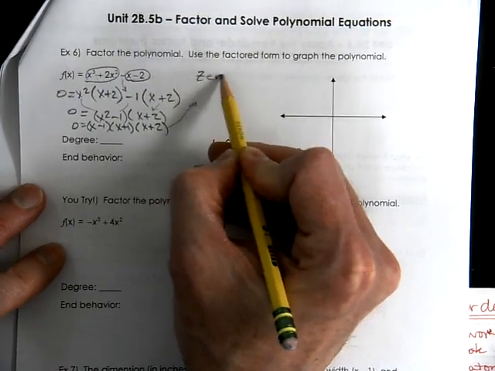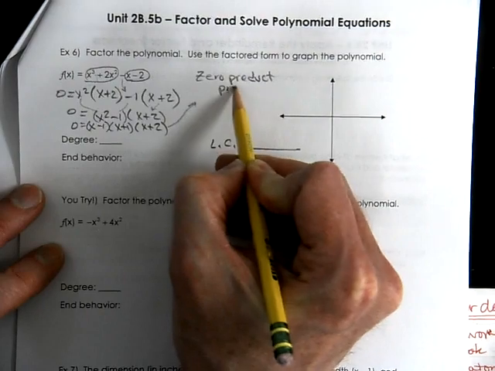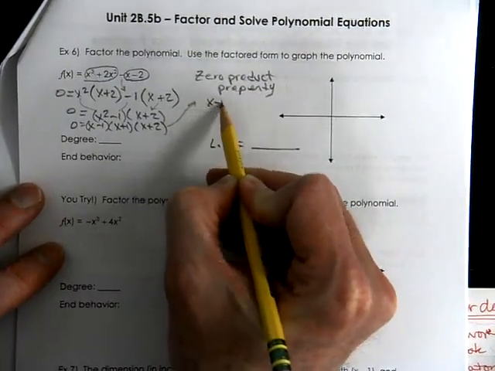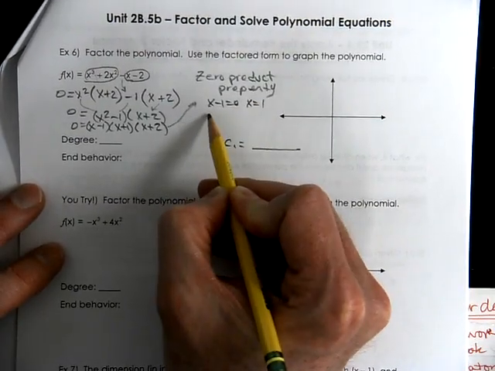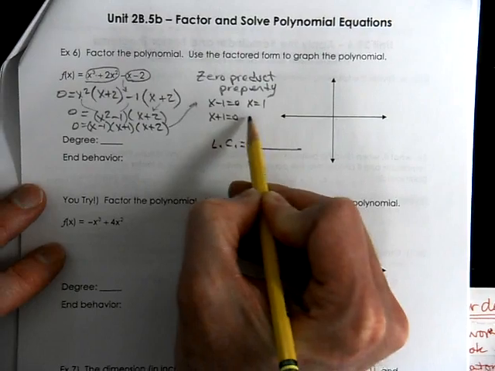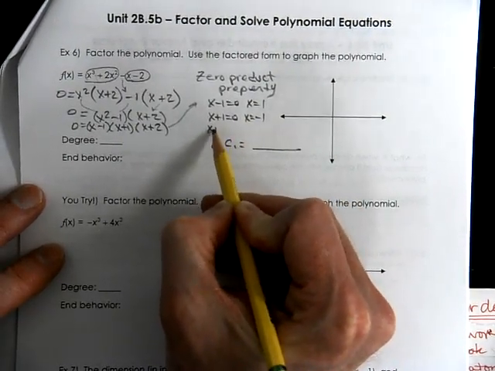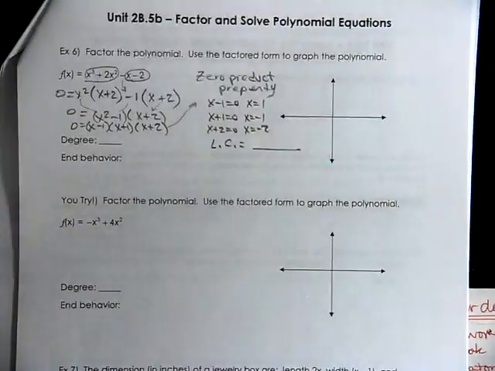So using the zero product property, we have x minus 1 that equals 0, so x equals 1. X plus 1 equals 0, so x equals negative 1. And x plus 2 equals 0, so x equals negative 2.